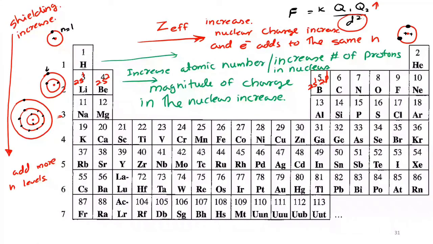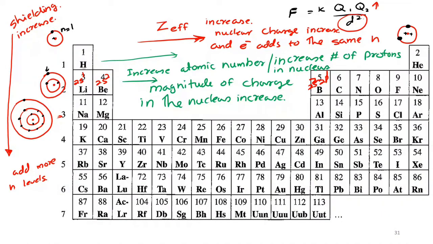The orbital can be different. When you come to boron, you're adding the third electron to the p orbital, but that p orbital is still in level 2. So you're not increasing the level. That is why going from left to right in the periodic table, your Zeff increases.